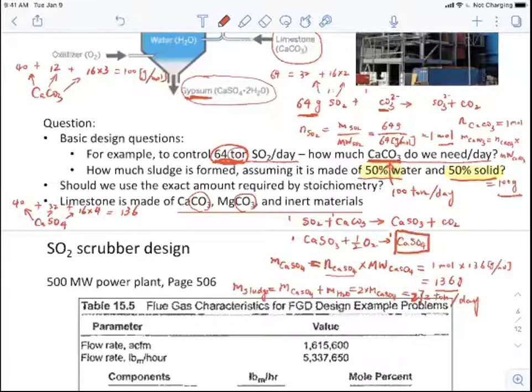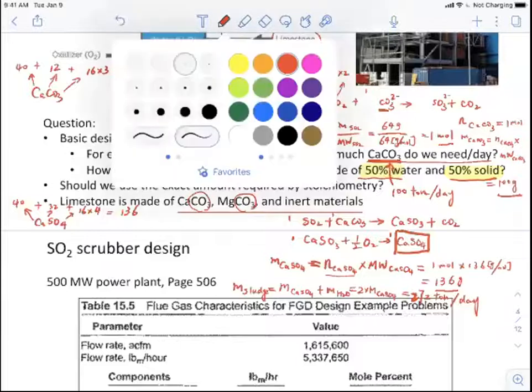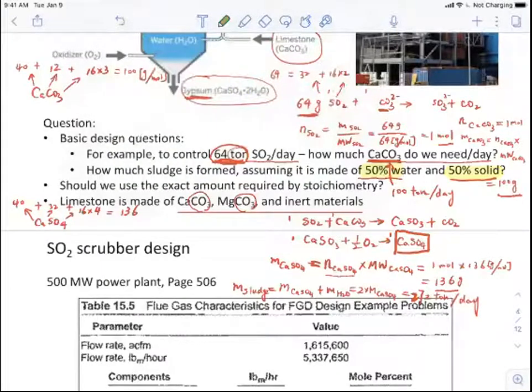So as I said, everything is based on the stoichiometry. And this is actually the most simple scenario. We're making a lot of assumptions here. For example, we were assuming that the limestone is pure, right? But actually in real power plant sulfur dioxide control, we cannot deal with the sulfur dioxide with exact stoichiometry, okay?